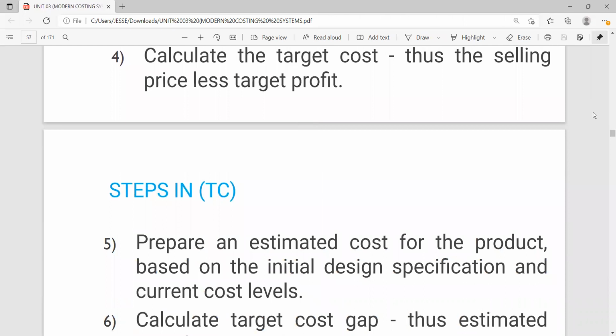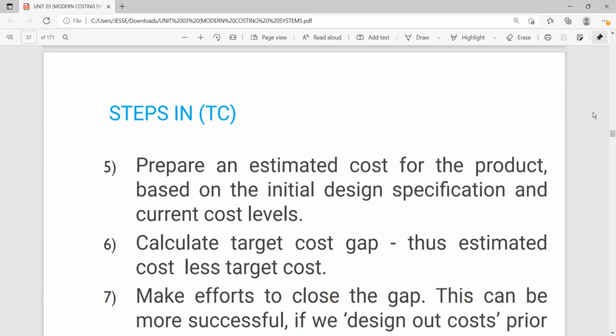Now we prepare an estimated cost for the product based on initial design. So we go out and prepare an estimated cost. Let's say, based on our design specifications, our initial estimated cost comes to, let's say, 400,000. 400,000, which is the estimated cost, is higher than the target cost, which was 300,000, right?